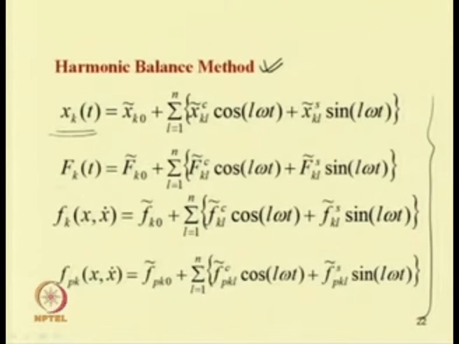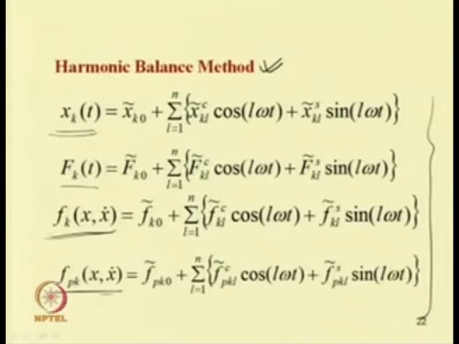Also we can write the forcing term, which is a function of time, like the parametrically excited term, the terms with concentrated loading or the loading vector, and the nonlinear terms. We can expand them in terms of different harmonic terms.